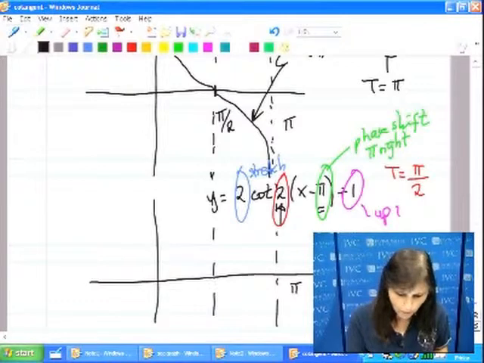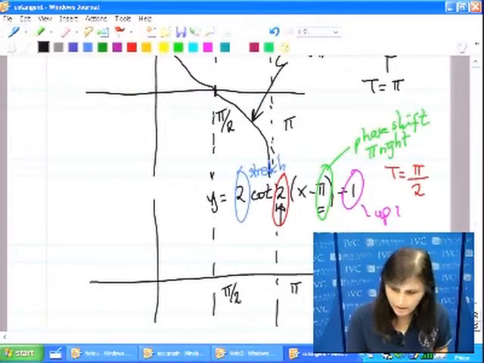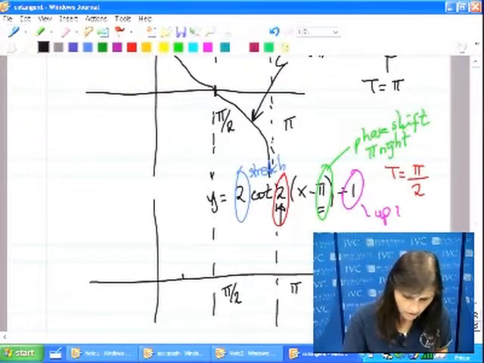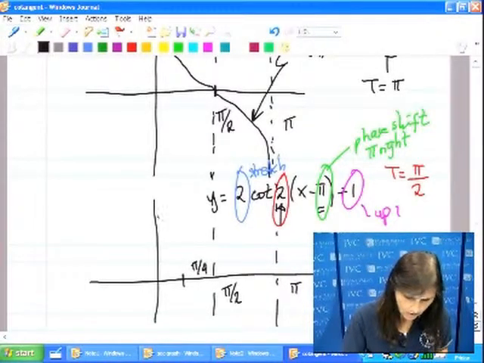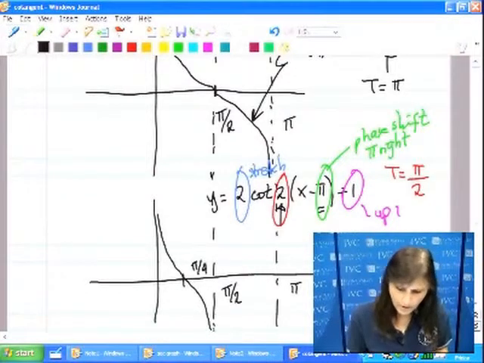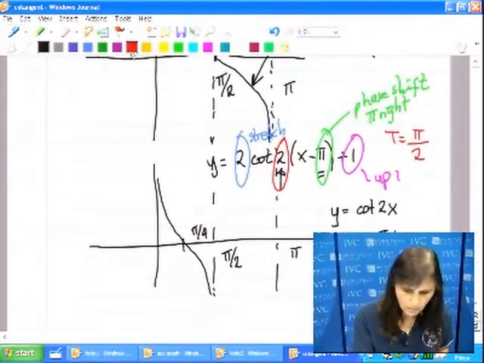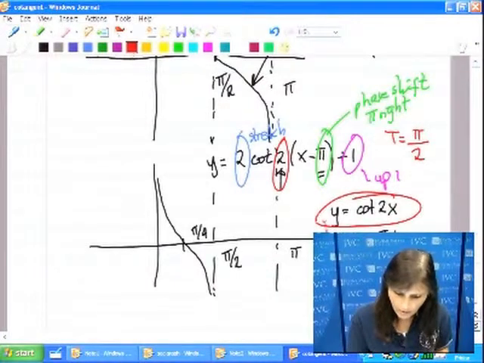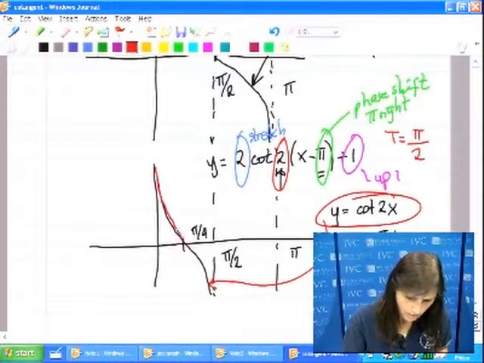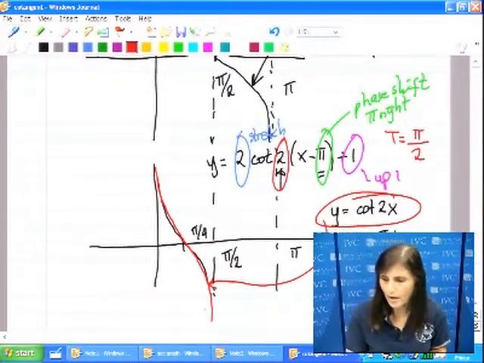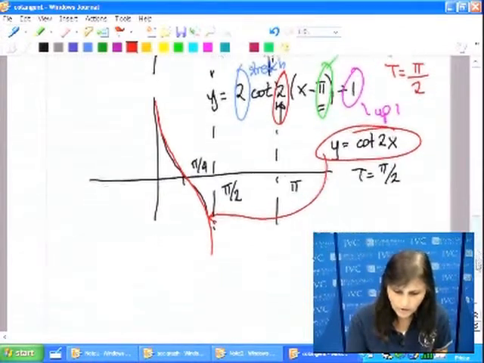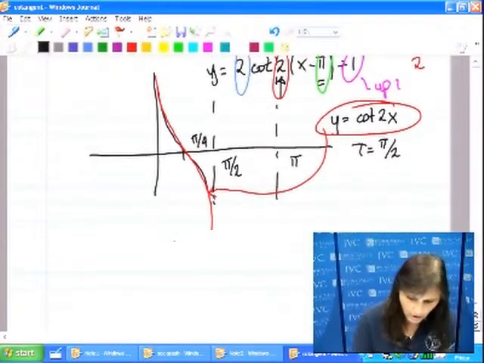So it's going to blow up at pi over 2 instead of pi, and this is going to be pi over 4. So it's going to look something like that. This is the picture of cotangent 2x.